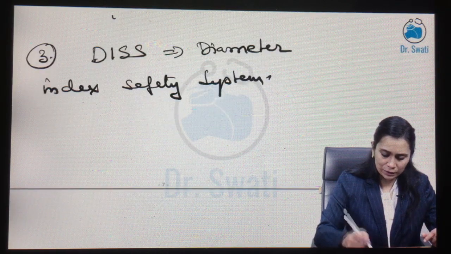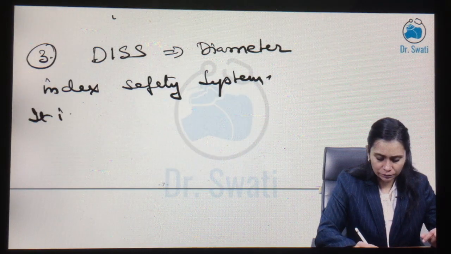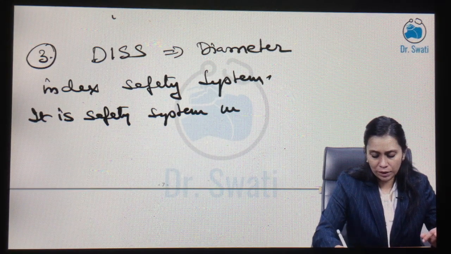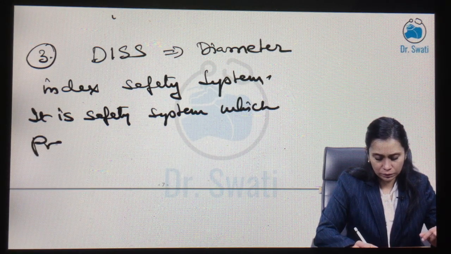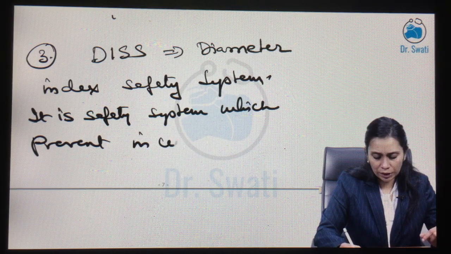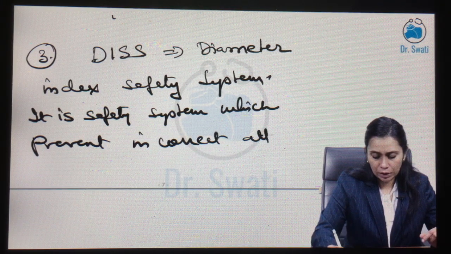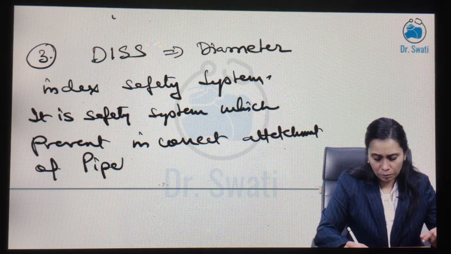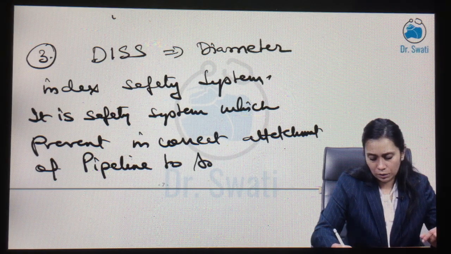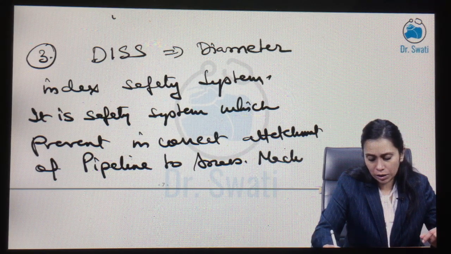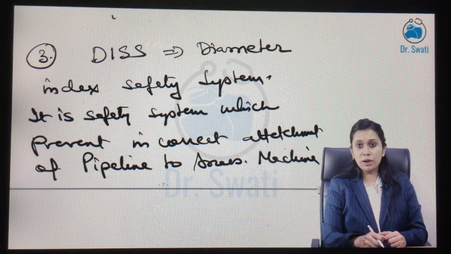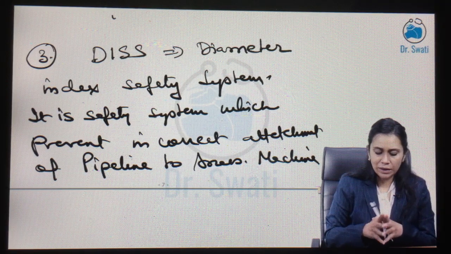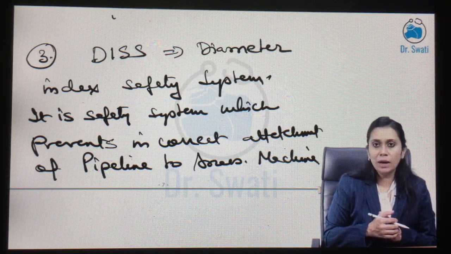So what is this DISS? It is a safety system which prevents incorrect attachment of pipeline to the anesthesia machine. Got it? So this is our DISS, a safety system which prevents incorrect attachment of pipeline to the anesthesia machine.